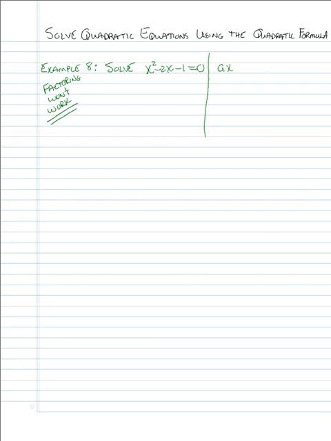We're assuming that we have a quadratic equation written in the standard form, meaning all of the terms are on one side and 0 on the other. I've shown all the terms on the left side and 0 on the right. Now the A, the B, and the C represent constant numbers. And the A represents the coefficient of the x squared term, which can be 1 or -1 or 2 or 1/2.